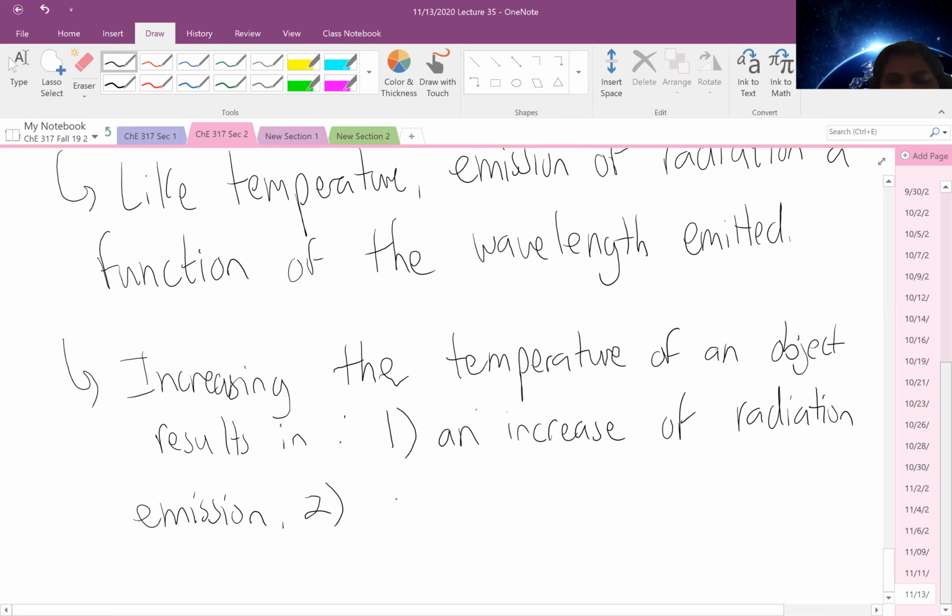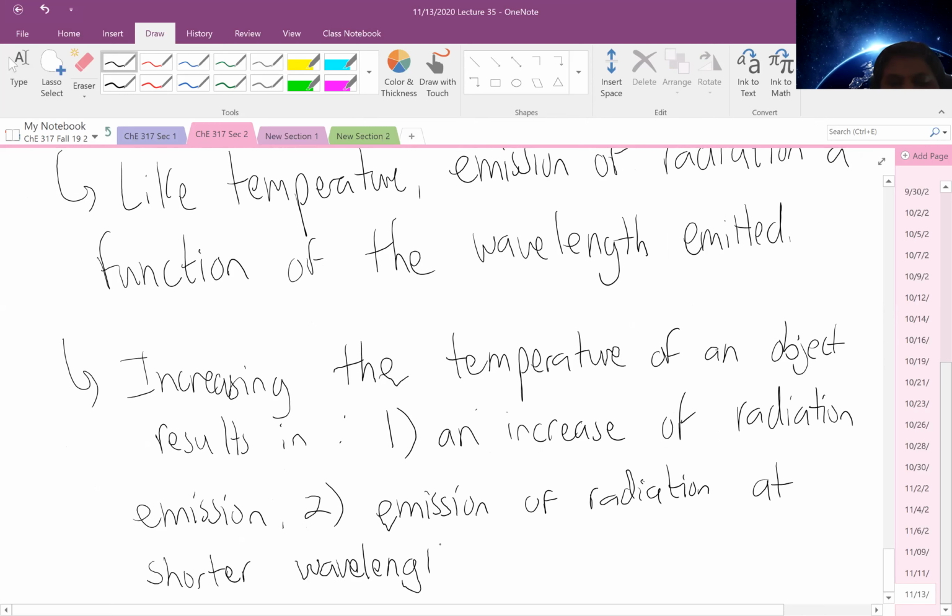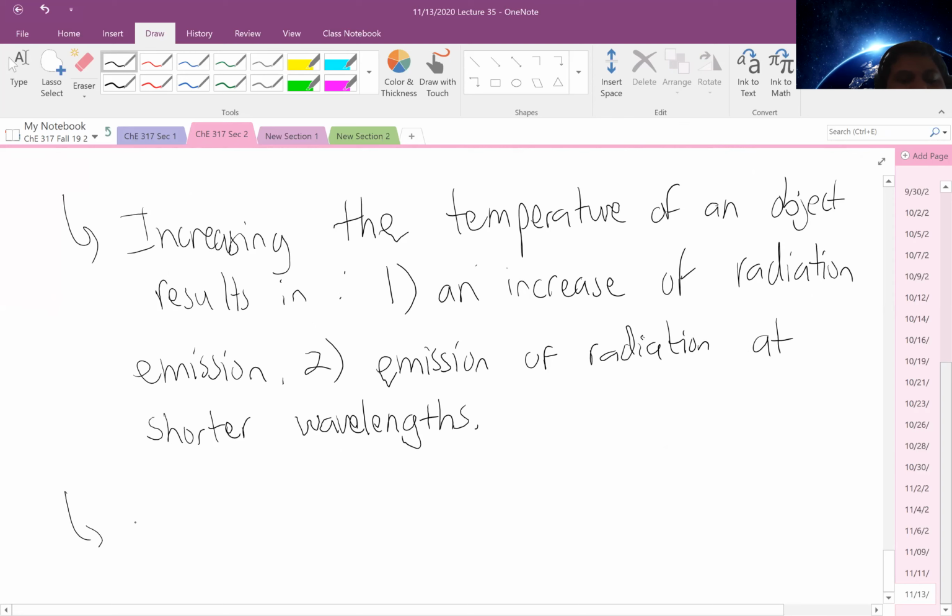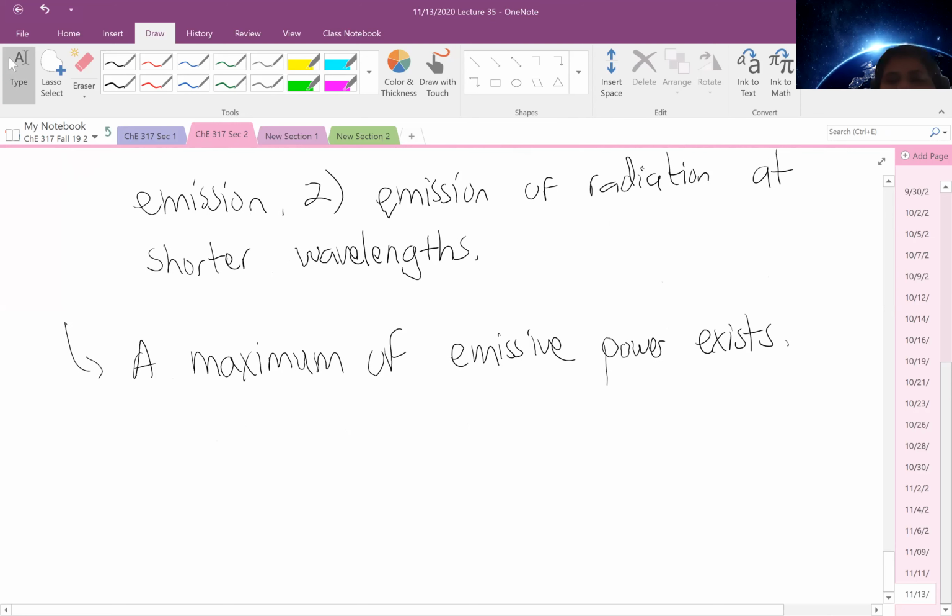But two, the emission of radiation at shorter wavelengths. And the third thing that we find is that there exists a maximum, or I should say for an object at a particular temperature.